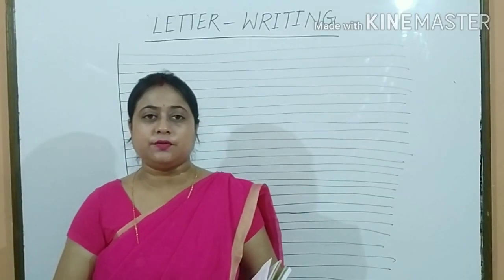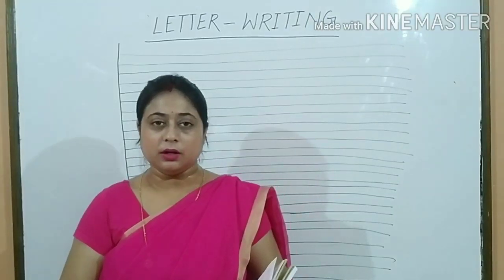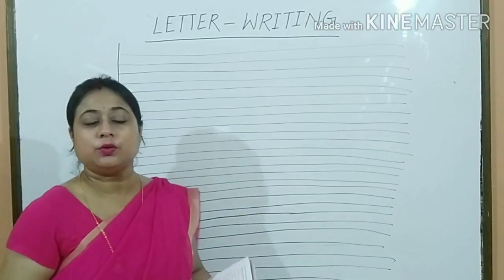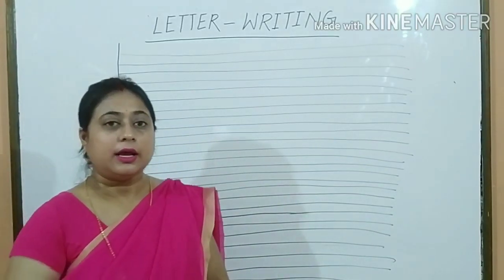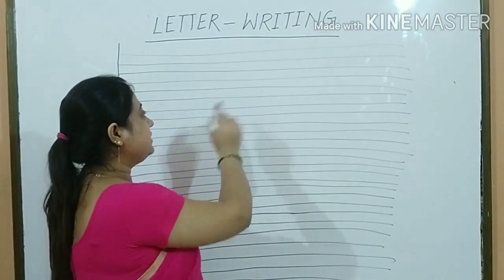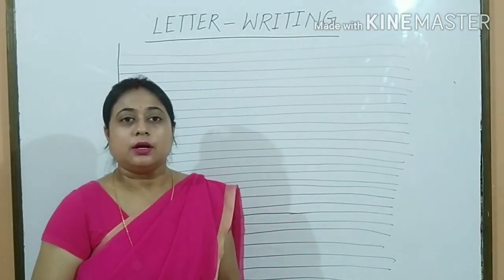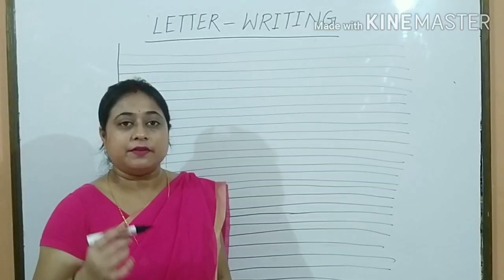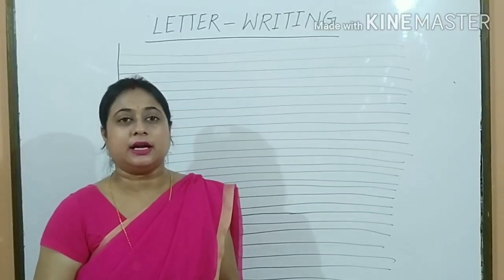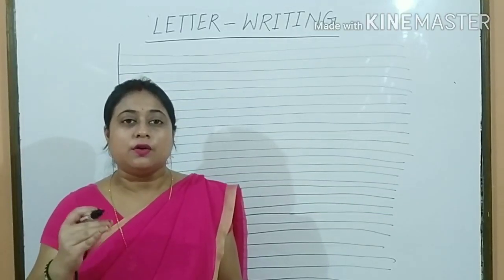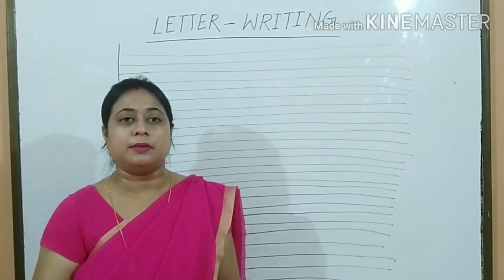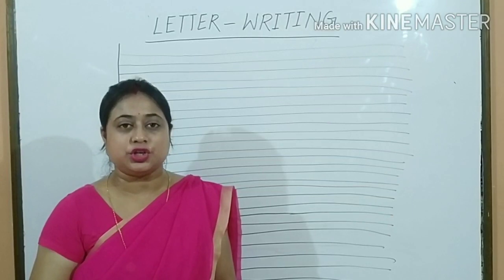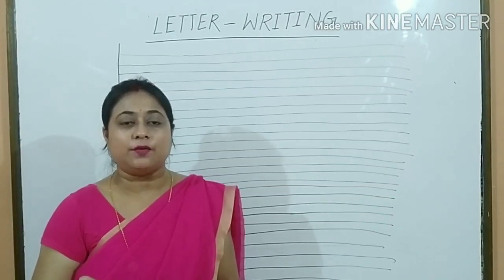Let's look at the format of writing formal letters. But let me clear one point to you all. Here I have sketch lines on the board because you use ruled copies. But whenever you write any kind of letter, whether it's a formal letter or an informal letter, you should always use a plain A4 sheet.